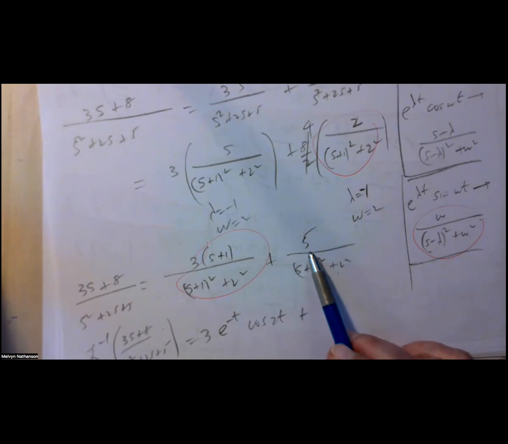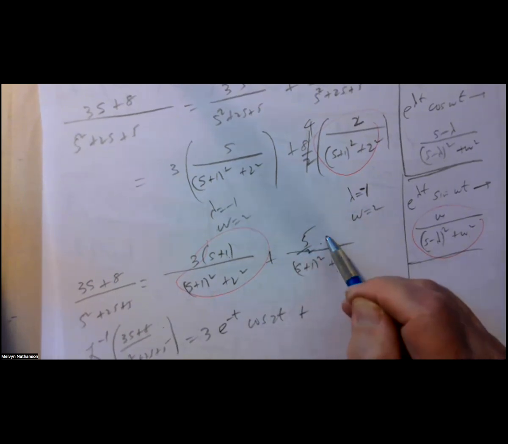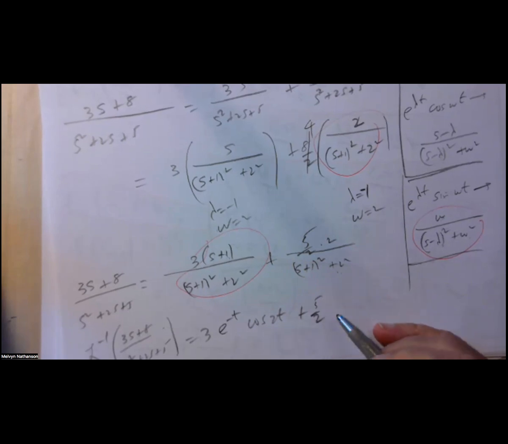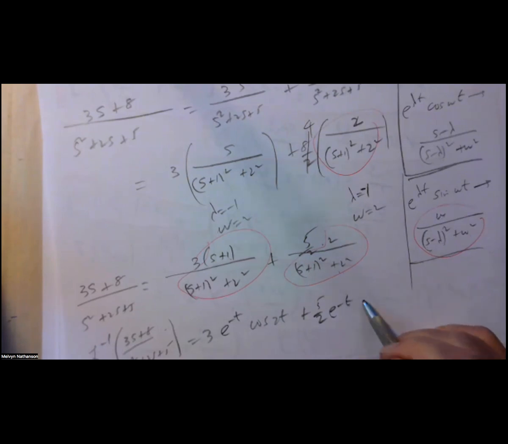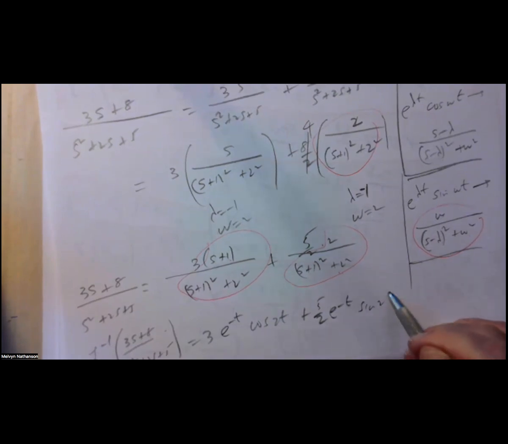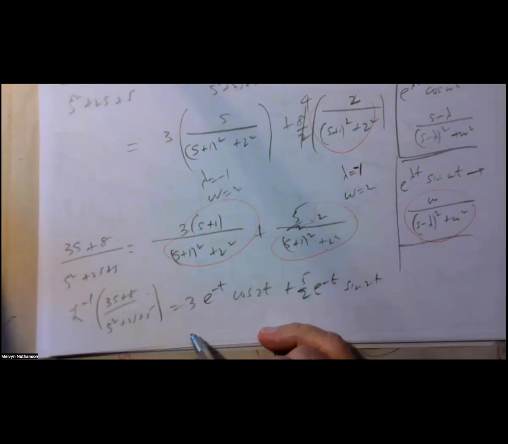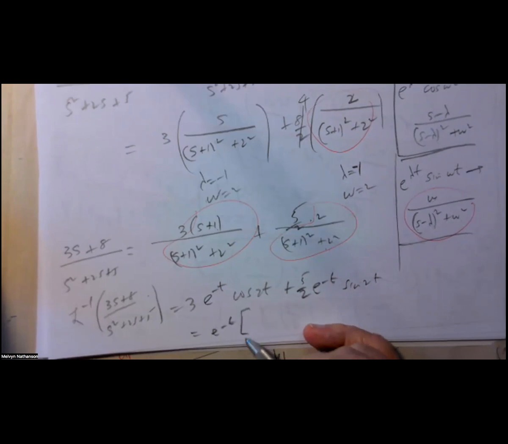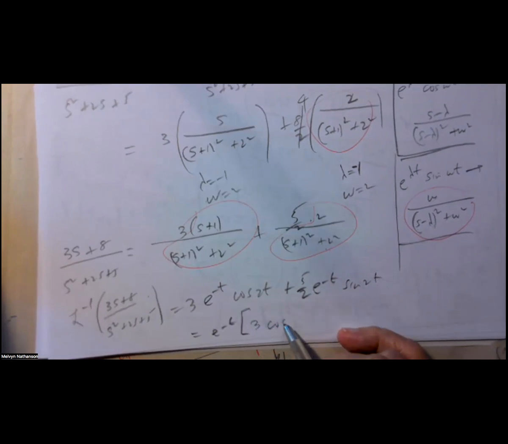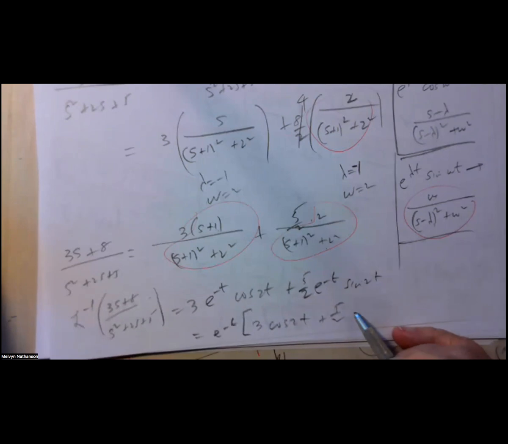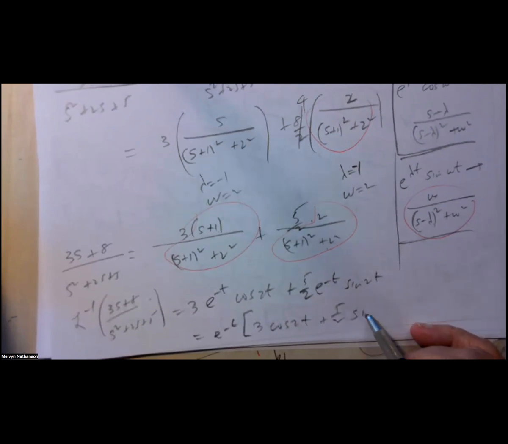I want a 2 in the numerator, so I want to write this as 5 over 2 times 2. So plus 5 halves, the inverse Laplace transform of this, which is e to the lambda t sine of 2t. Or if I want to factor out e to the minus t, times 3 cosine 2t plus 5 halves sine of 2t.